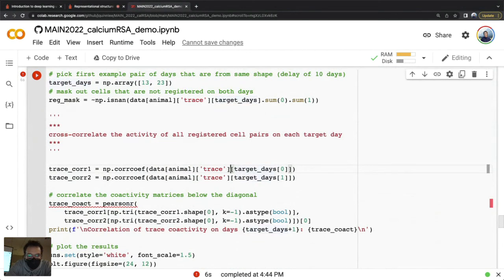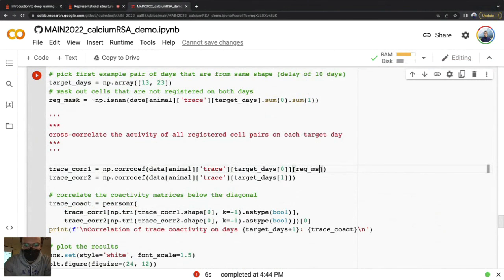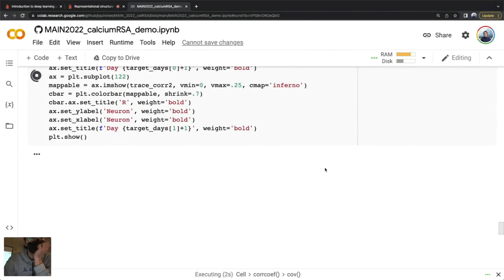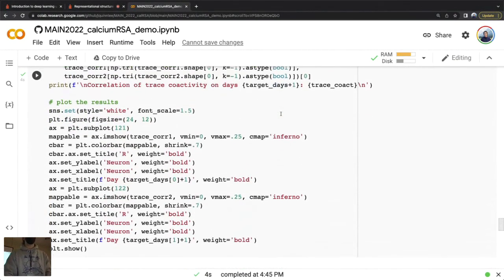Oh, I think it's because of target days. There we go. Okay, the issue was that I had some non-registered cells on one day that were registered on another, so I was trying to correlate NaNs with not NaNs. And it was like, what the heck are you doing?